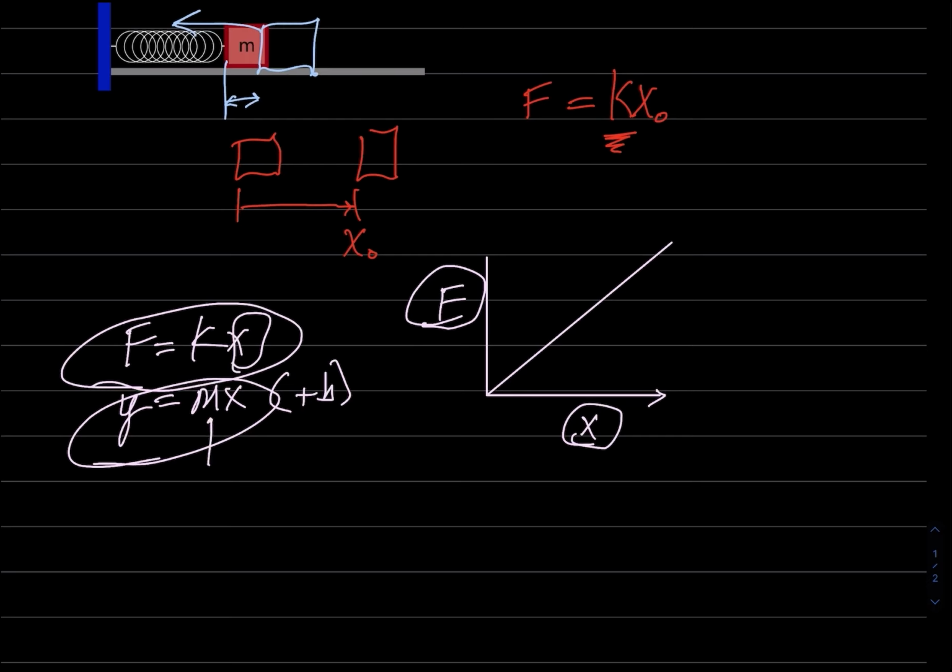And the slope of this line is m, so the slope of our force distance line is k. And that's the force distance chart for a spring. The larger the distance away from the equilibrium position, the greater the force that is trying to restore the spring to its equilibrium position.